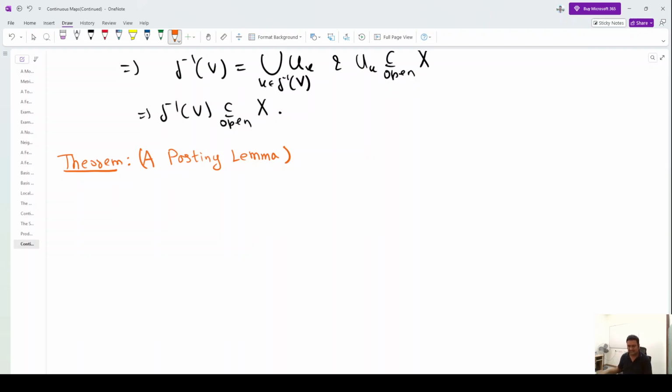This you might have seen. Maybe we can do the proof, not leave it as an exercise. Let me copy the statement properly. So X and Y are topological spaces. Say you have X equals the union of A_i, i from 1 to n, and these A_i are closed in X.